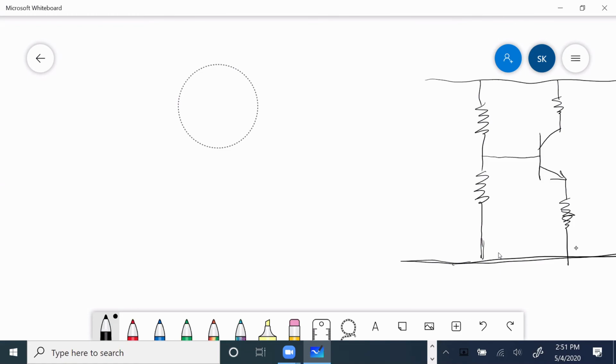Let me make sure everybody's good with that. Do you follow what I'm saying? There was a lecture where we showed one way of biasing a transistor, because we wanted the base to be positive with respect to the emitter. So instead of doing this, we grounded the base and applied the negative voltage to the emitter. Then we brought it up, went to RTh, VTh, and chose the RB, and so on to the end.